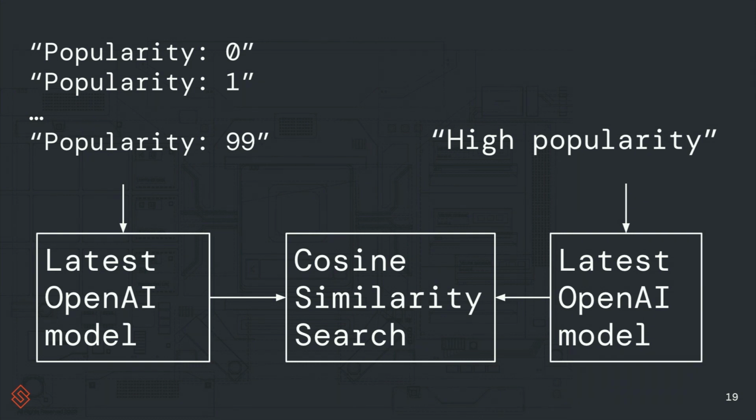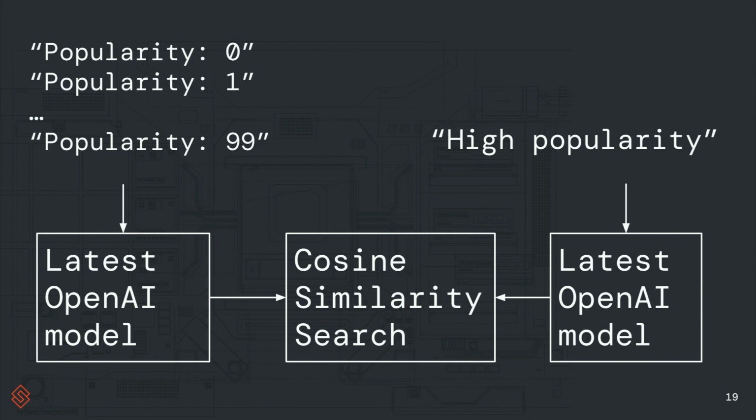And I have a very simple demonstration of exactly how it doesn't work. In this setup, I generated 100 strings that are structured as popularity: 0, popularity: 1, and so on. That's the data. And then I have a query, high popularity. I embed both the items and the query with the latest OpenAI embedding model, make vectors, and then search with the high popularity vector in the data set.